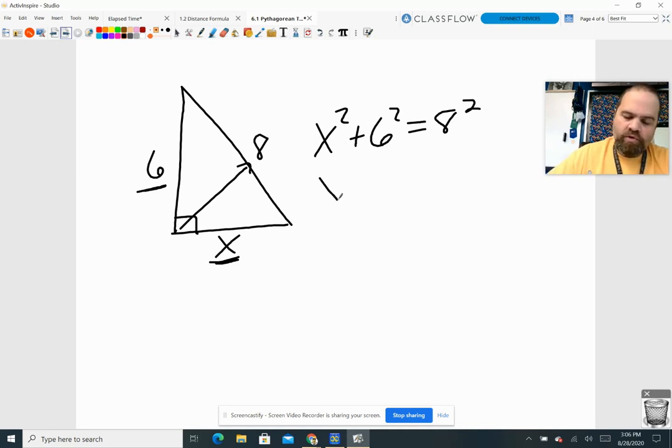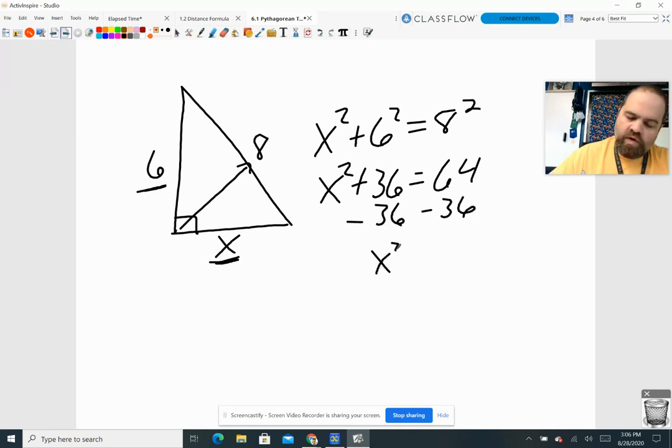Again, square your numbers. 6 squared is 36. 8 squared is 64. When I subtract my 36, x squared is 28. Now this one, you're not going to get a whole number answer once you take the square root of a number that's not a perfect square.